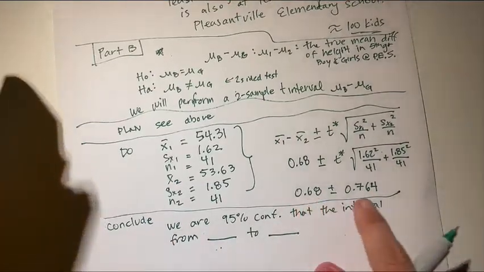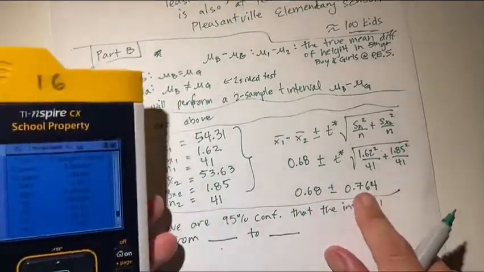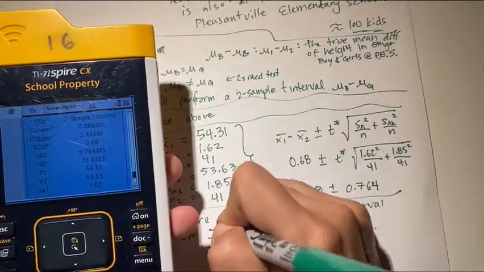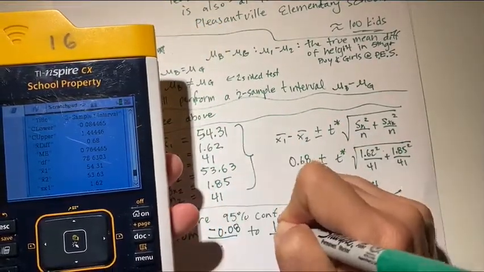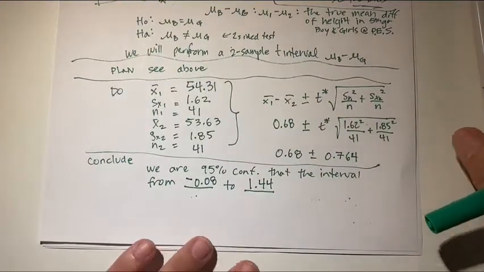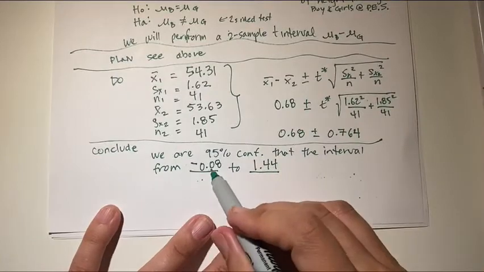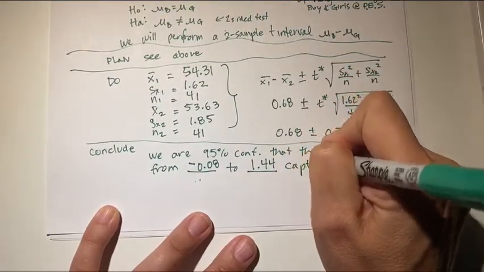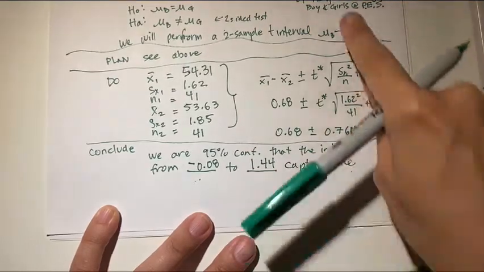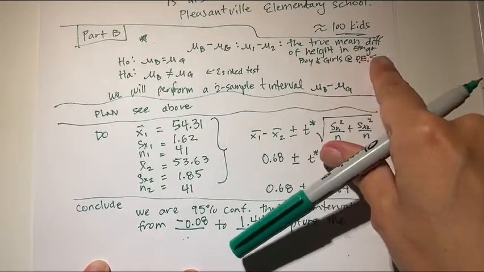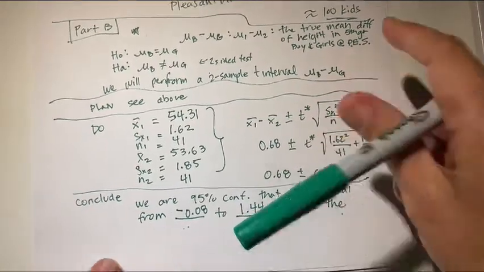The calculator even took 0.68 and added it and also subtracted it. So I get negative 0.08 and positive 1.44. So we're 95% confident that the interval from negative 0.08 to 1.44 captures, and then I'm going to restate this again, captures the true mean difference of height in fifth grade boys and girls at PES.